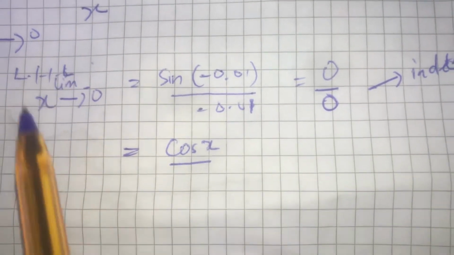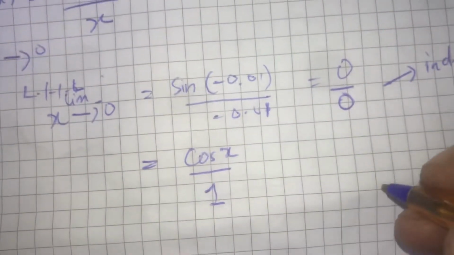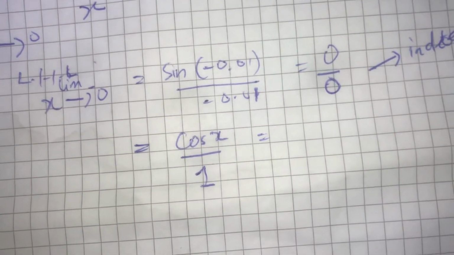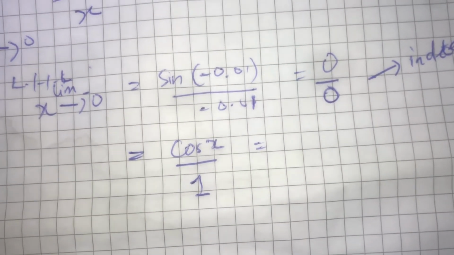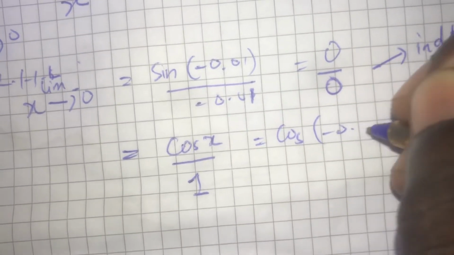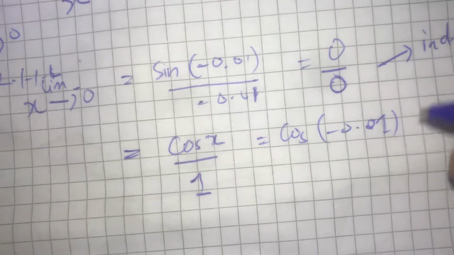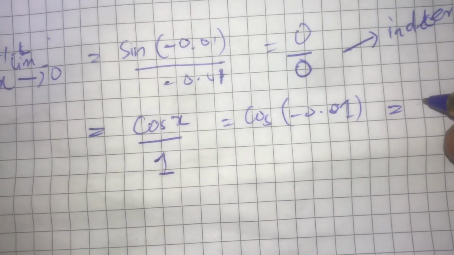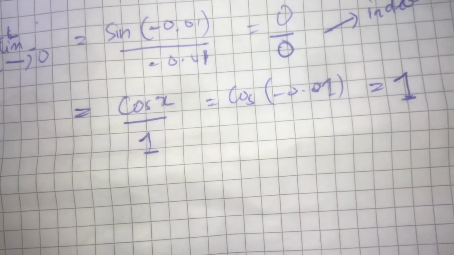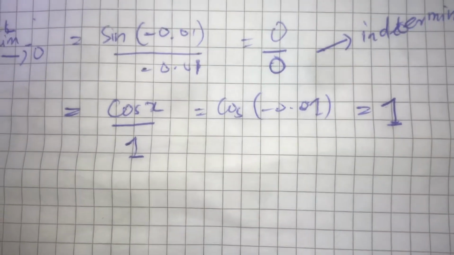And we differentiate x, we get 1. Right, so now when we put in our left minus 0.01, we have cos of minus 0.01 over 1. Minus 0.01 is approximately 0, so cos of 0 is 1.